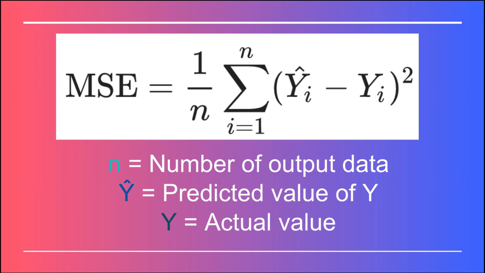MSE equals 1 divided by n times sigma of (y hat minus y), and this sigma calculates the difference between the predicted value of y and the real value of y, and squares them to find the mean squared error. So n equals the number of output data, y hat is a predicted value of y, and y is the actual value.